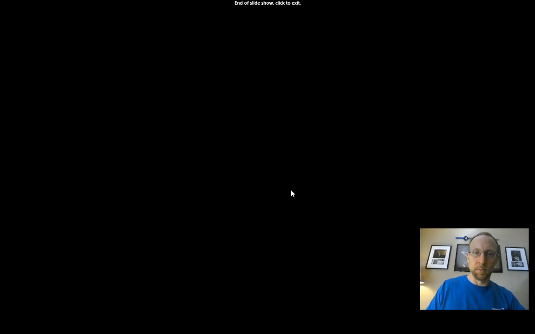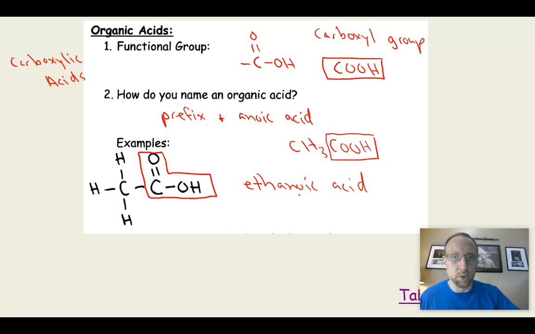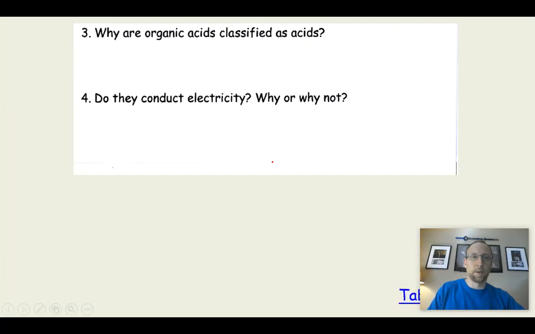So this is ethanoic acid, 2 carbon organic acid. So what would this look like as the condensed structural? CH3COOH. So here's our carboxyl group, our COOH that we'd be looking for. So why are organic acids classified as acids? Because what's the definition of an acid?